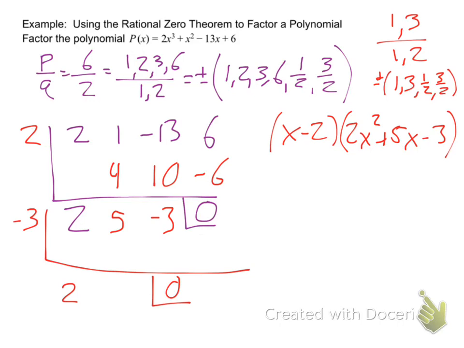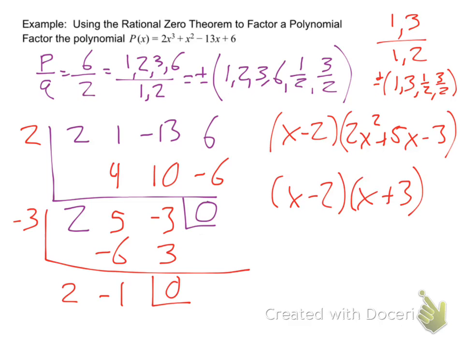Bring a 2 down. 2 times negative 3. Negative 6. Add them together to get negative 1. It's 3. It works. So wait. So now we know that it's x minus 2 and x what? Plus 3. There's one more factor. What is that one more factor?